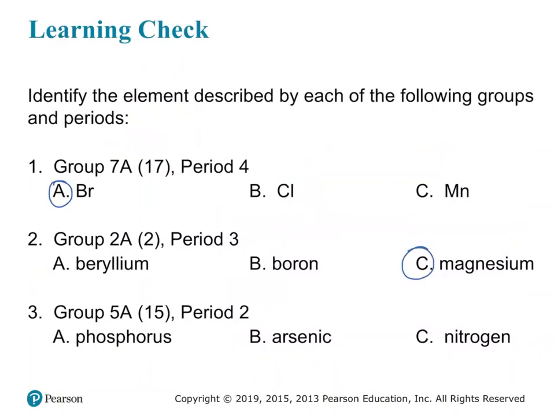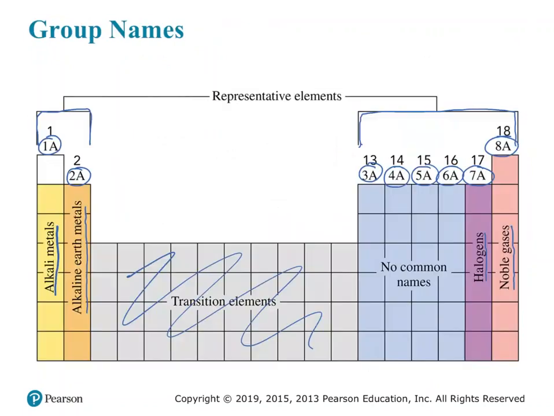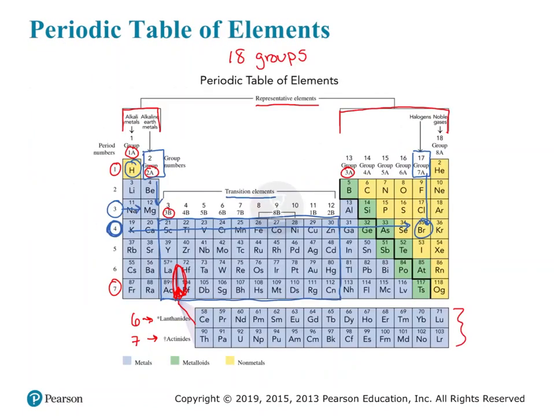And then the last one, group 5A, period 2. Okay, so group 5A, period 2. So we go over, and that gives us nitrogen.